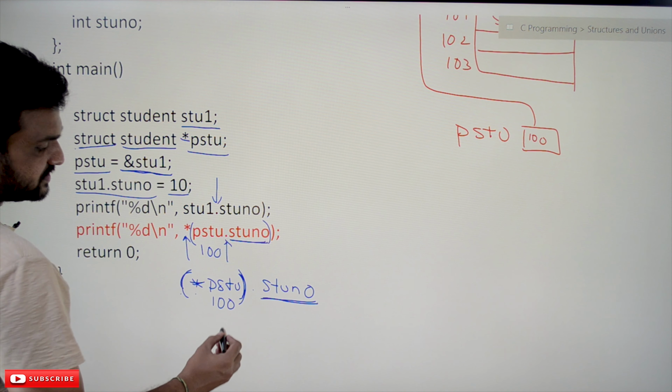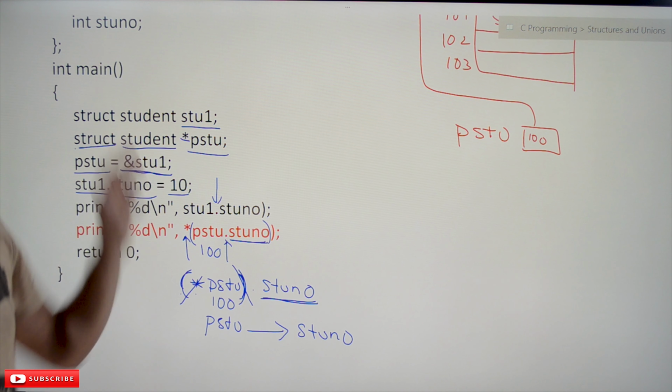So without giving this star and brackets, just by giving pstu arrow stuno, with that, whatever value is stored in the member where this pointer is pointing to, in that stu number's value we are trying to access. So this is the direct way to access the values of the members by using pointers.